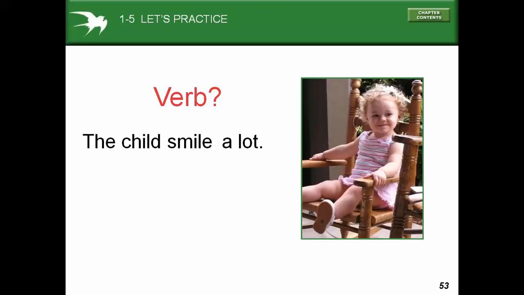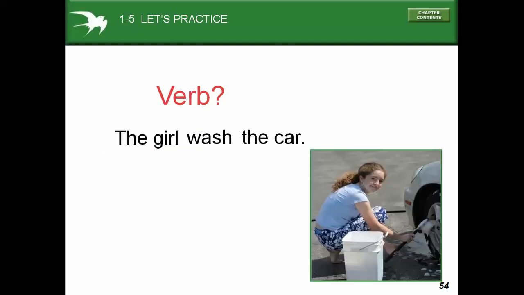Verb. The child smiled a lot. Is it a verb? Smile. S or es? Correct. Smiles. Only s. The girl wash the car. Wash.